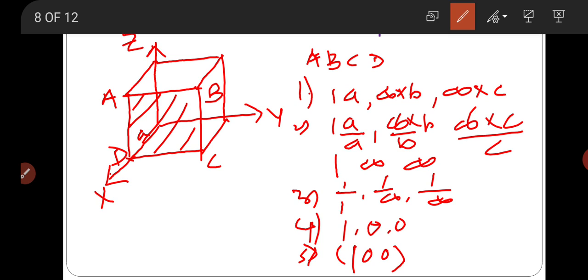So in round brackets, these integers represent the Miller indices for this ABCD plane which intersects the x-axis. So this is one example.